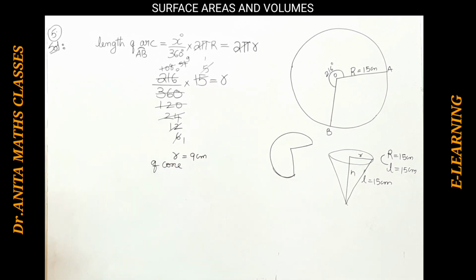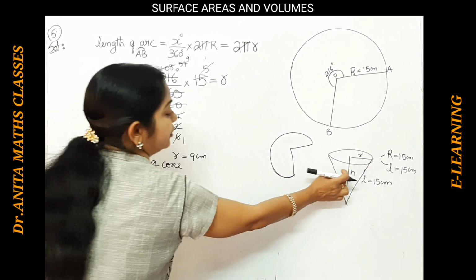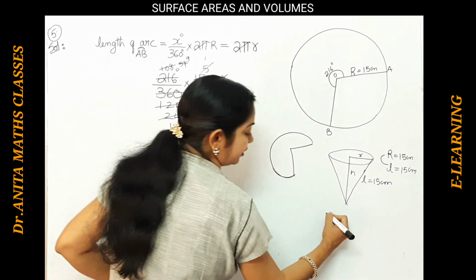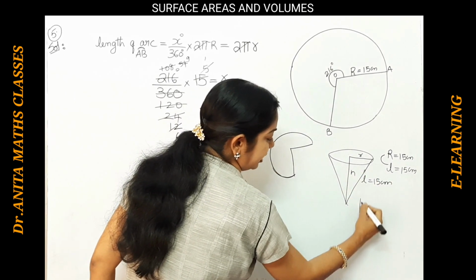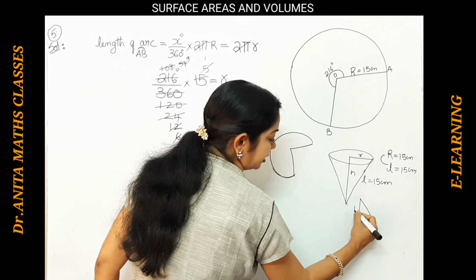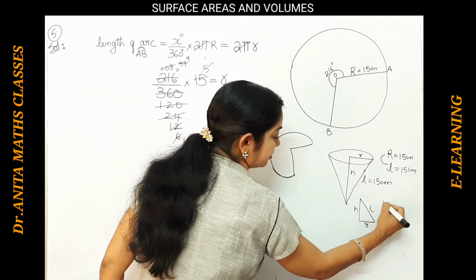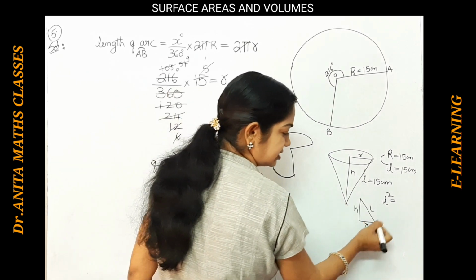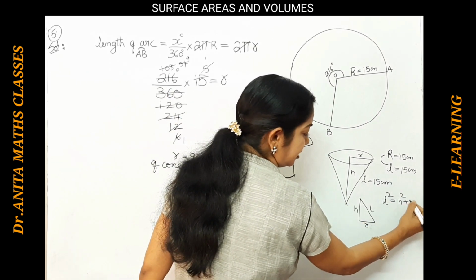And what is asked here is to find its volume. So to find the volume we need to find the h here. Since this is a right angle triangle with h, r and l, from Pythagoras theorem, hypotenuse square is equal to the sum of the squares of the sides, h square plus r square.